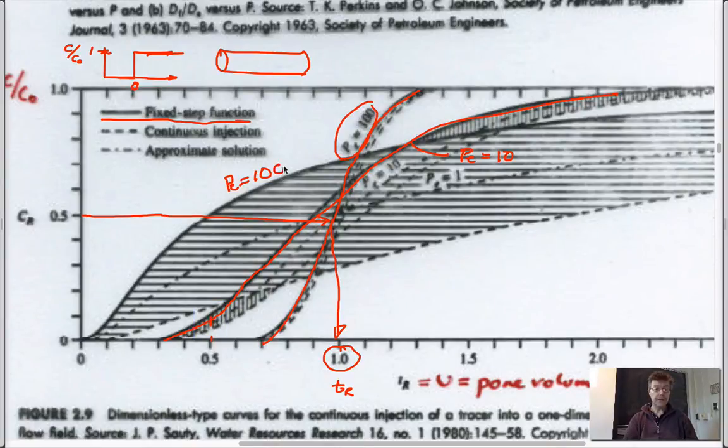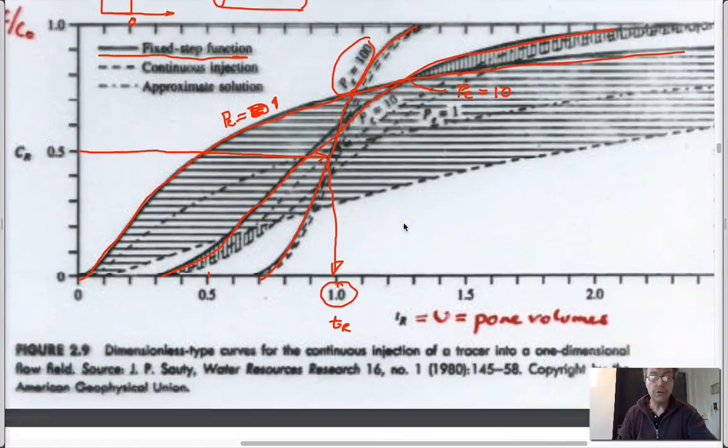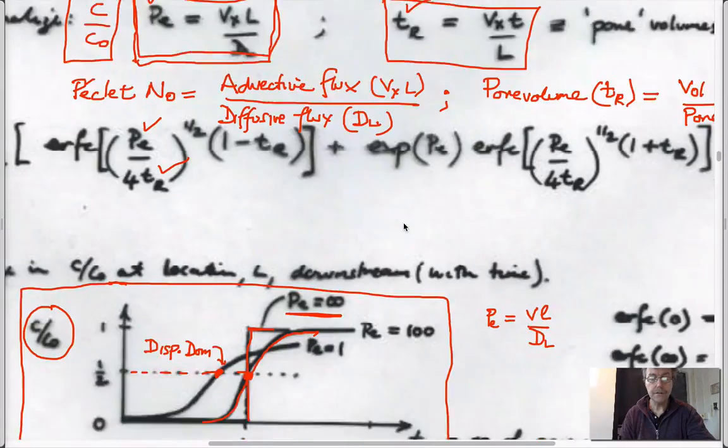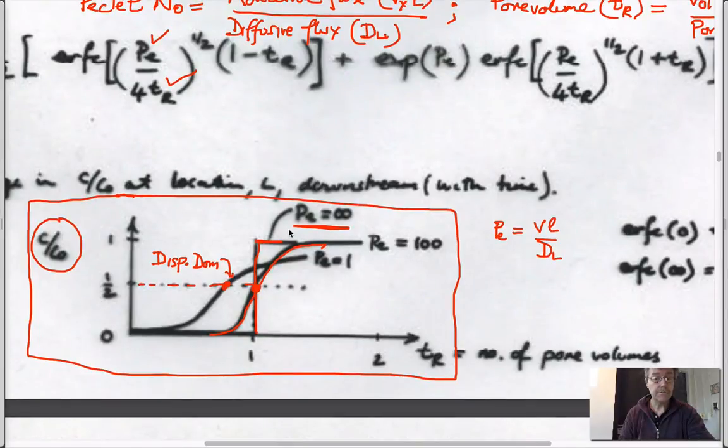And the Peclet number of 1 is this one here. It goes off here. And so they're physically shown down here. Very large Peclet numbers, smaller Peclet numbers, even smaller numbers.